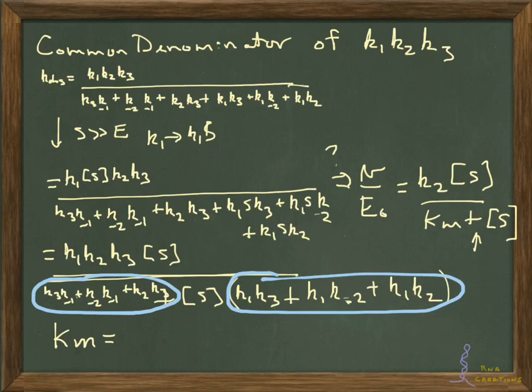Make sure I did that right. Yeah. So Km is equal to this guy divided by that guy. I don't feel like writing it all out.